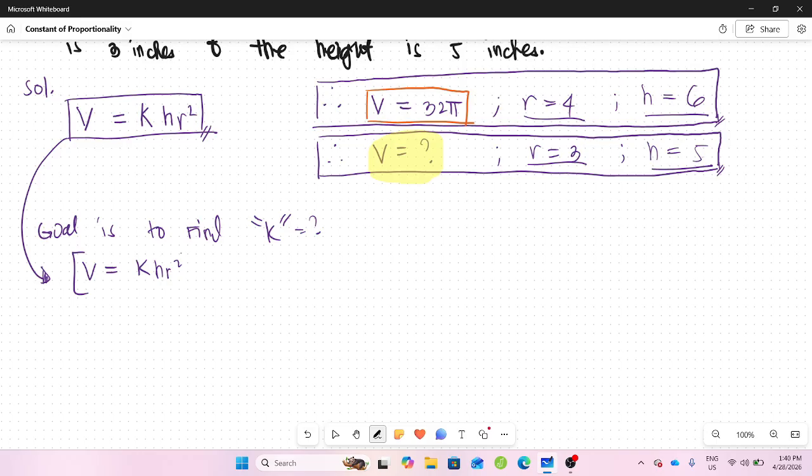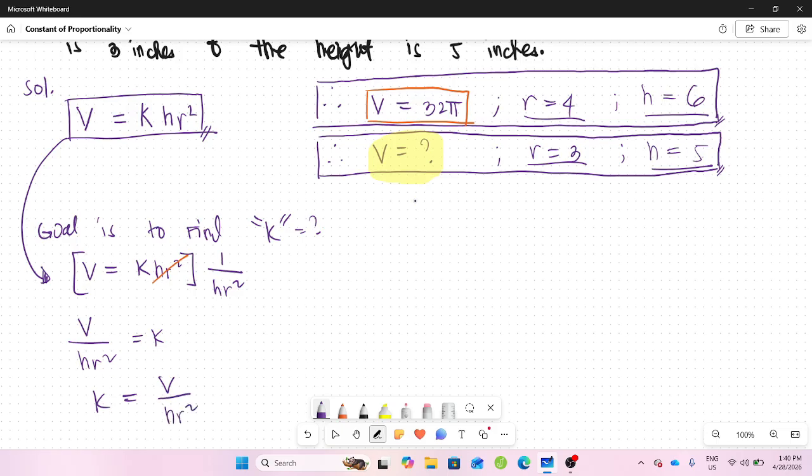So to omit h r squared, we have to multiply both sides by h r squared so that we could cancel out that one. And then what's left is v over h r squared equals k. So we will reverse this one. So k, the constant of proportionality, is equal to the volume over h r squared.